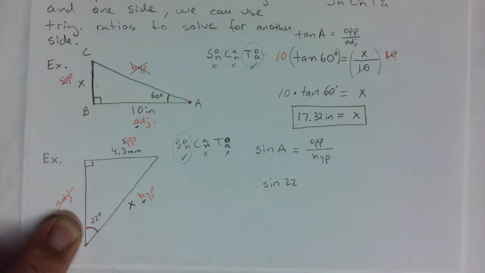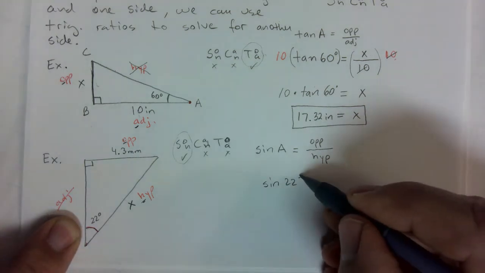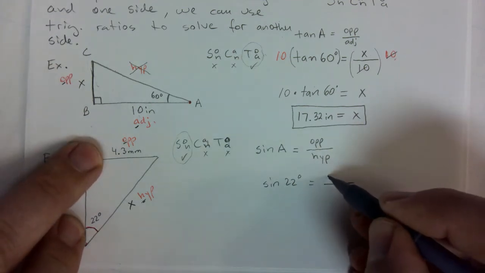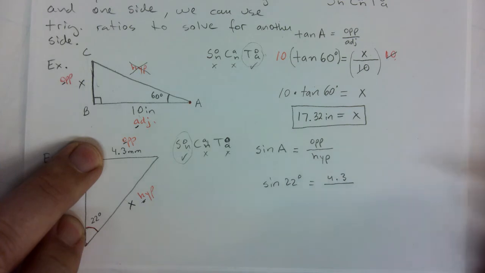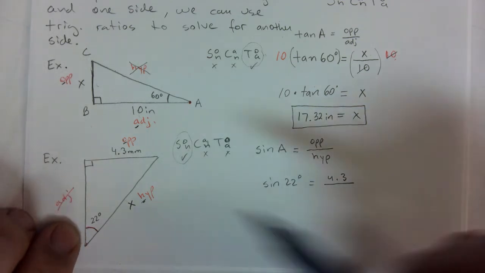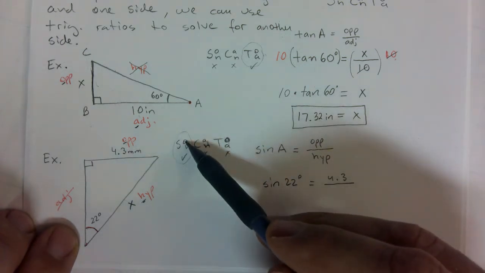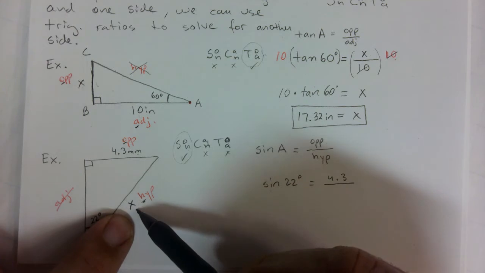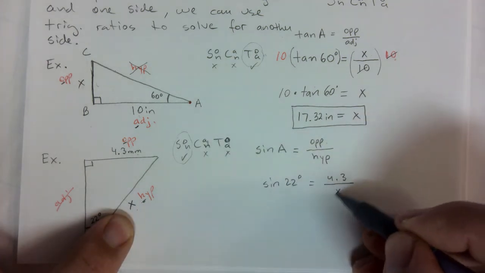It could be 22.5. It could be anything. Is going to be equal to the opposite side, which is 4.3, right? Watch carefully. Opposite, it called for opposite first, which is 4.3, over the hypotenuse, which is x.